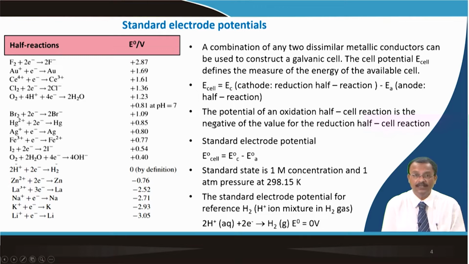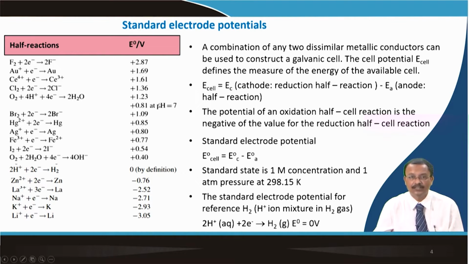So, if you combine any two dissimilar metallic conductors, they can be used to construct a galvanic cell. I already introduced the concept of a galvanic cell, and the cell potential basically measures the energy which is available in the cell.